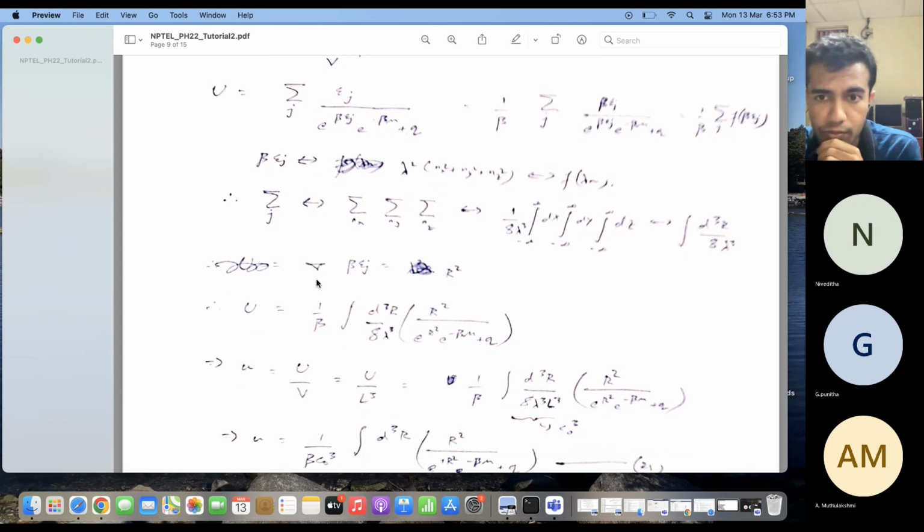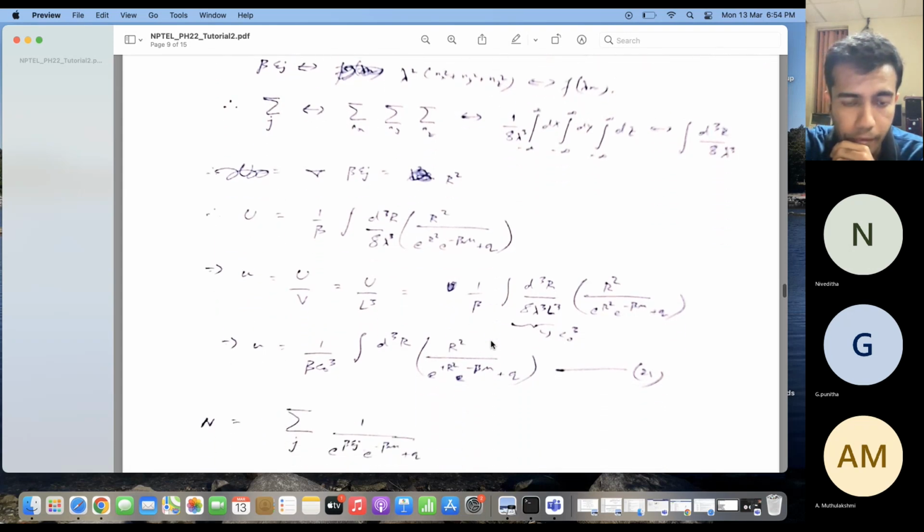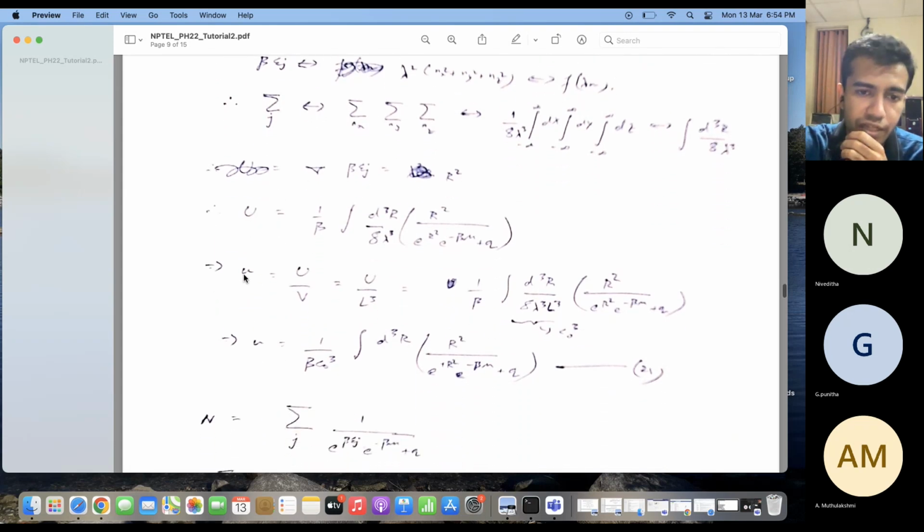Okay, so then if I replace this integral in place of this summation over here, then U is equal to 1 by beta, which comes in from here, integral over d cube r by 8 lambda cube of r square, which is equal to beta epsilon j, divided by e to the power r square e to the power minus beta mu plus q. Okay, so the energy density U by the volume is equal to U by L cube.